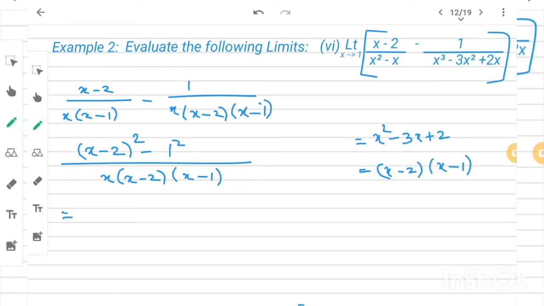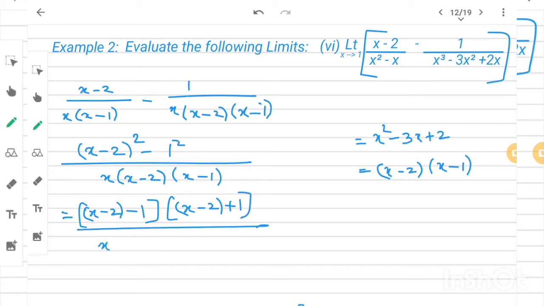So I am taking x minus 2 as a. So what will happen? x minus 2 minus 1, and then x minus 2 plus 1, and the denominator as it is x of x minus 2 of x minus 1.